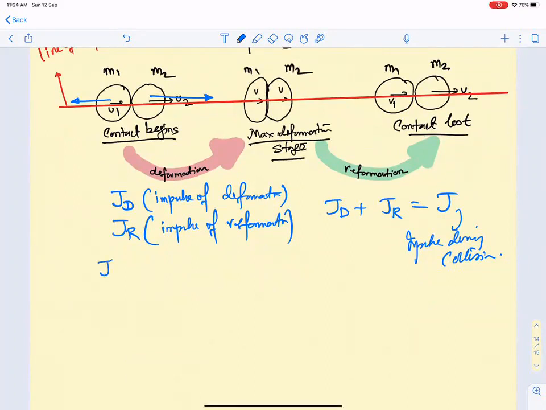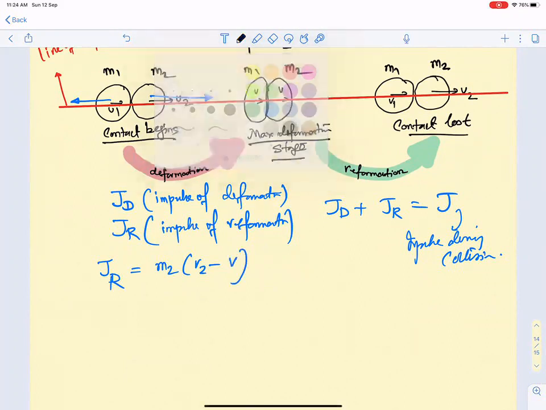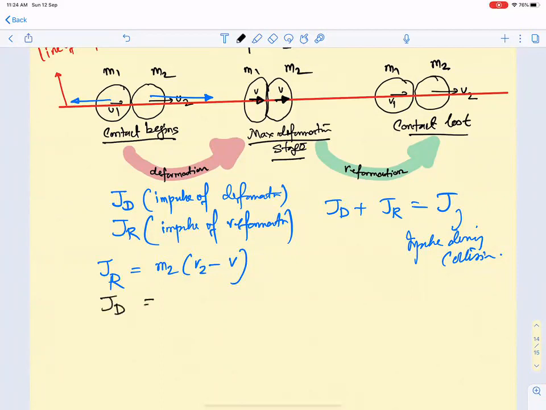So JR equal to M2 into V2 minus V. V is the common velocity, that means during the stage of maximum deformation both the bodies have equal velocities V each. So JR is this, and JD is M2 into V minus U2.